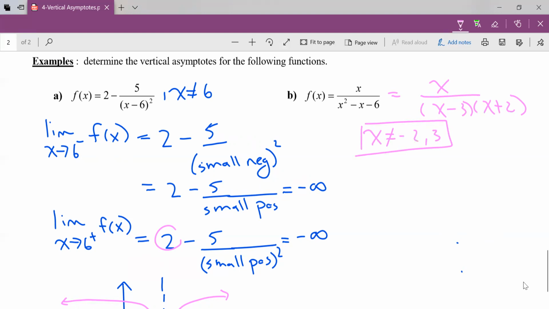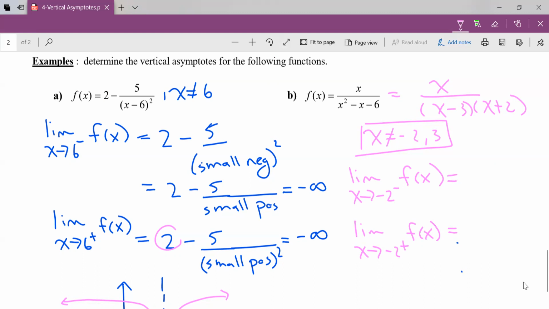So we're going to check the limit as x approaches -2 from the left, and we're going to check the limit as x approaches -2 from the right. We have to check both sides.